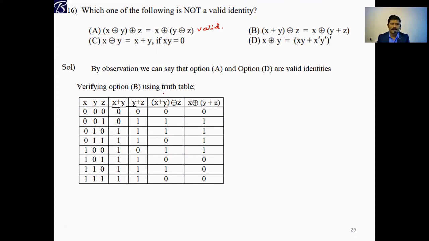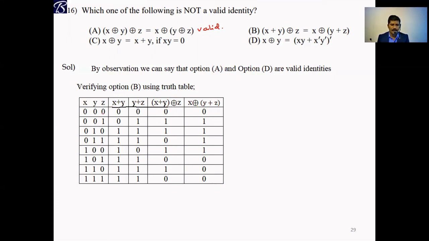Use a truth table to verify whether it is valid or invalid. X, Y, Z, three variables are there, and we have written the X + Y term and the Y + Z term. The first term, LHS, is (X + Y) XOR Z, and the RHS term is X XOR (Y + Z).